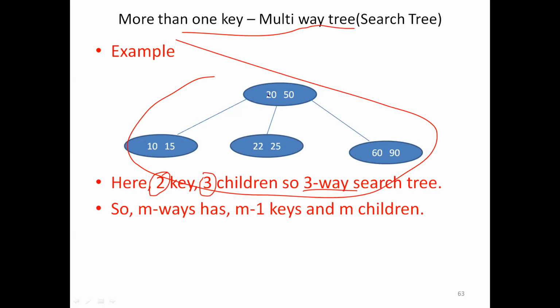The elements which are lesser than the first key go to the first child. Everything lesser than 20 comes under the first child. If I am inserting 17, for example, in this tree, 17 comes here. Now I am inserting 21.